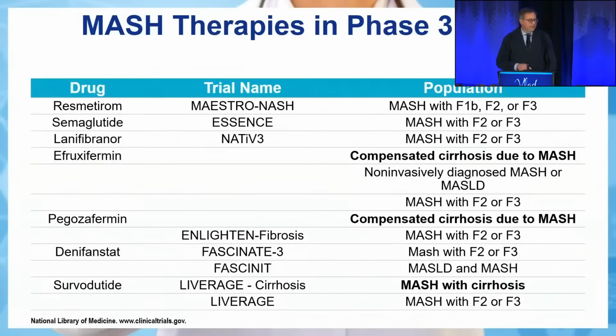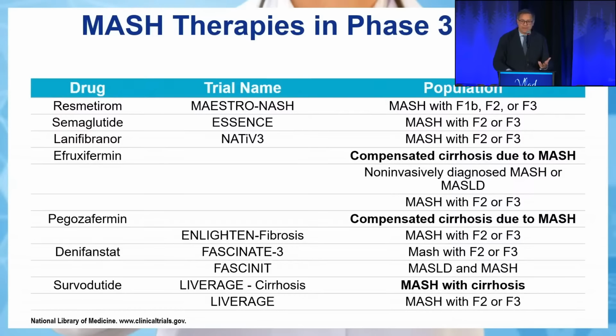Here is just a reminder of the different drugs that are in development now. And please note that there are some, but fewer studies for cirrhotic patients. It is an interesting question, though. Do you always need to initiate a cirrhotic trial once you have a NASH molecule?